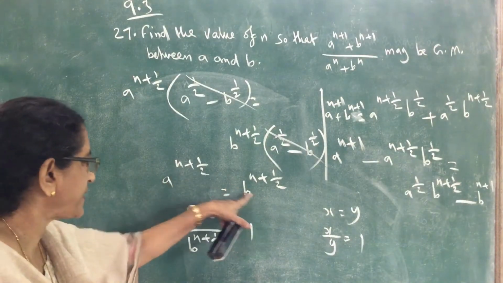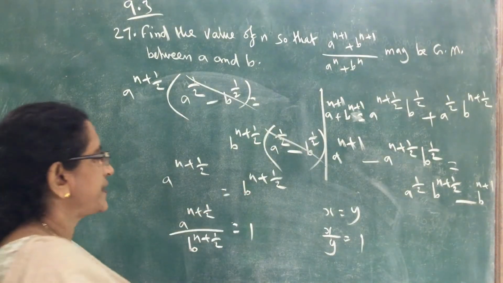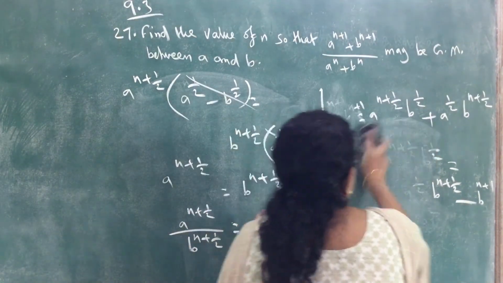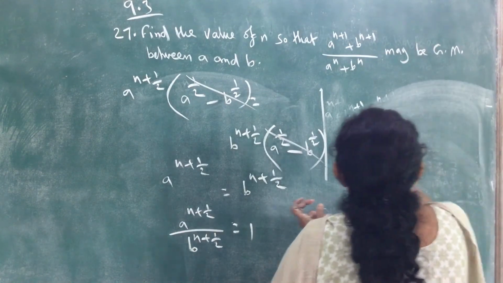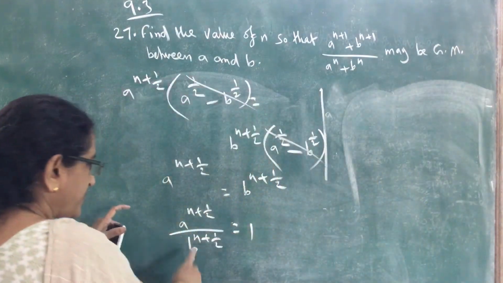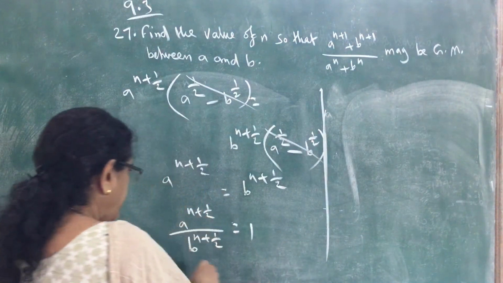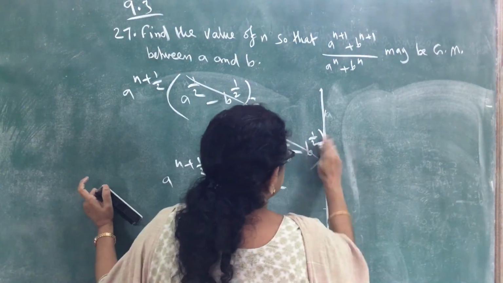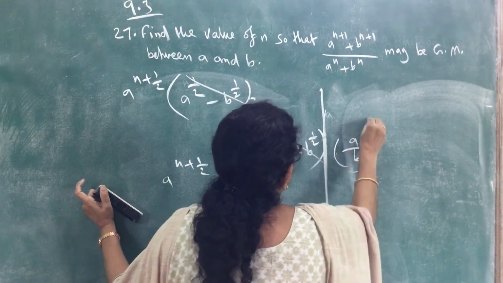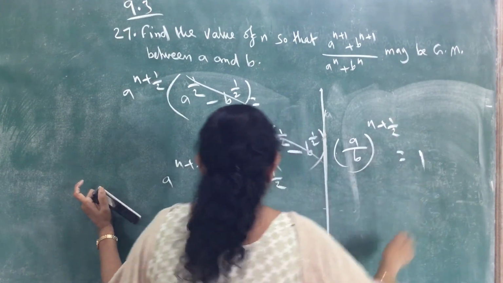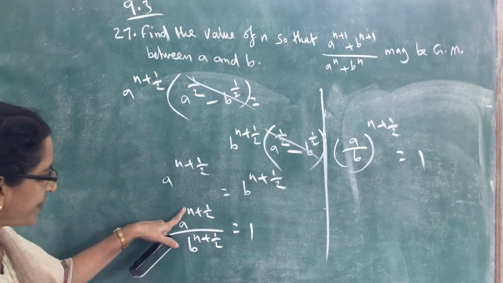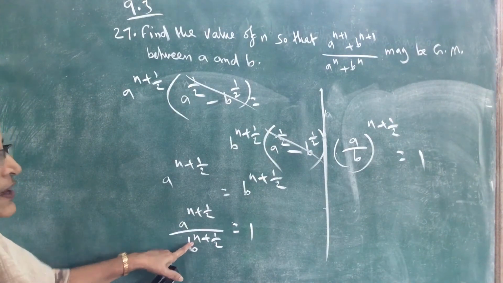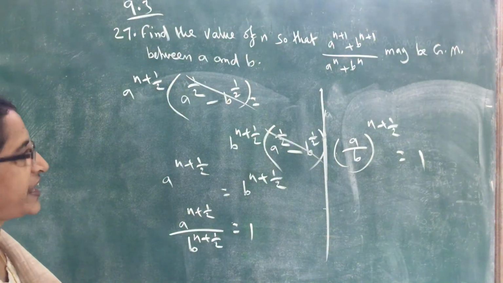So this divided by this equal to 1. Therefore we get A by B whole raised to n plus half equal to 1. A raised to n plus half divided by B raised to n plus half, that is A by B all raised to n plus half, that is equal to 1.